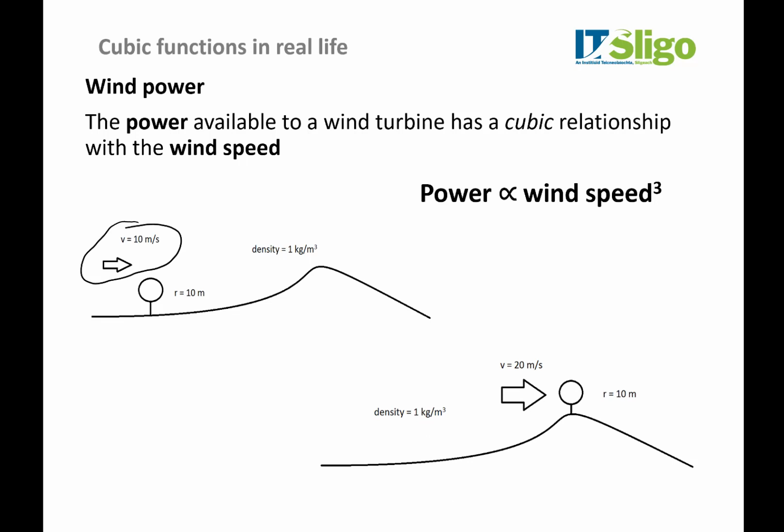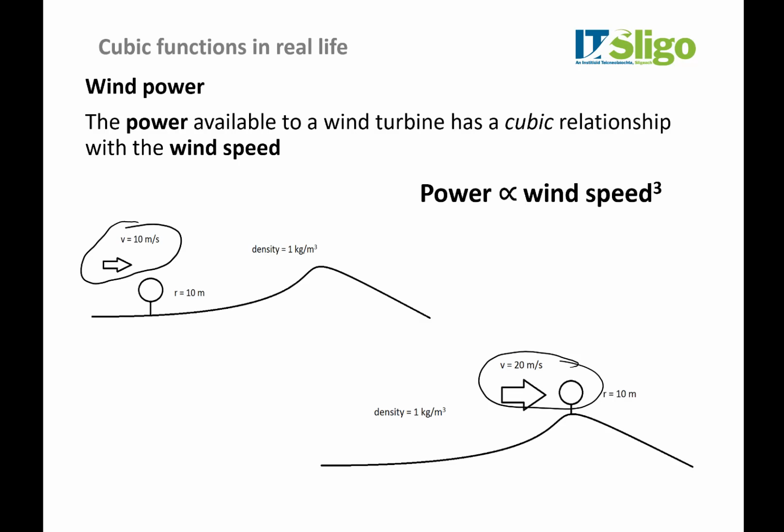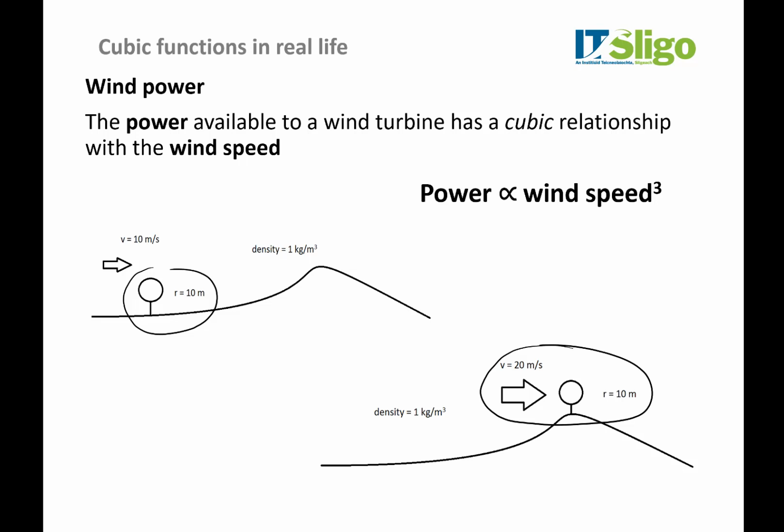And if we move the turbine to the top of the hill so that the wind speed is doubled to 20 meters per second, this turbine here will produce 8 times the power of this one here. So if this one produces 1 kilowatt per hour, this one would produce 8 kilowatts per hour. In other words, 8 times the revenue. It would earn 8 times the money of this turbine here, which seems incredible, but that's the nature of cubic functions.